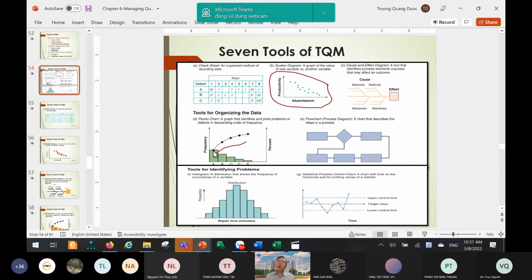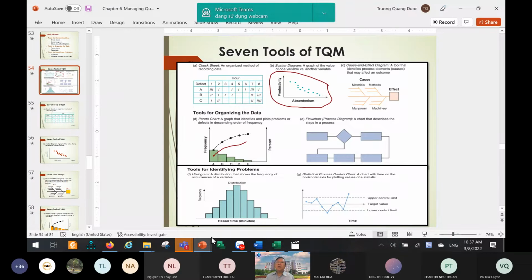So be careful on that for this one. Again, for the accumulative frequency percentage, the starting point for the curve is at the top of the bar. Most of the groups draw here. It's totally wrong, because we must start from here, not from here.